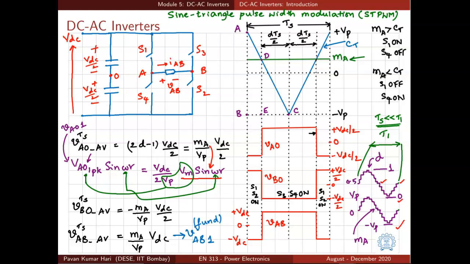We can do a similar thing with the leg B, or switches S3, S2. So whenever S1 is on, we can simply keep S2 also on, and whenever S4 is on, we can keep S3 on. That will result in VBO average being equal to the negative of VAO average, because it's just the inverse of VAO.